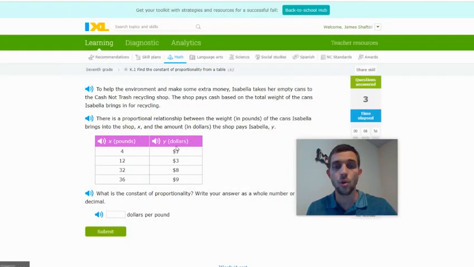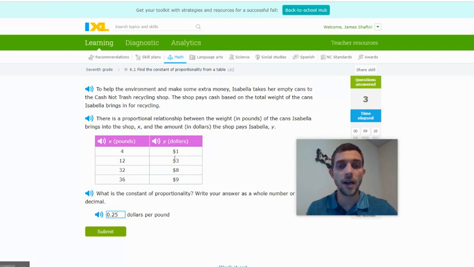So we have $1 for 4 pounds. So we take 1 divided by 4. You're like, well, that doesn't work. Yes, it does. We're in 6th grade, and so now we're using decimals. 1 divided by 4 is 0.25, which is 25 cents.